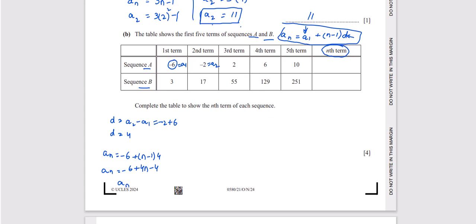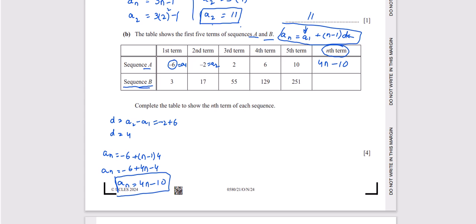So an is equal to 4n minus 6 minus 4, minus 10. So the nth term of this sequence A is equal to 4n minus 10.